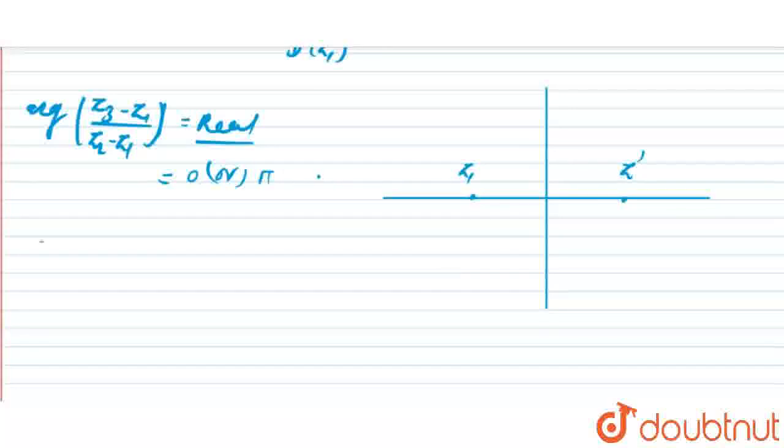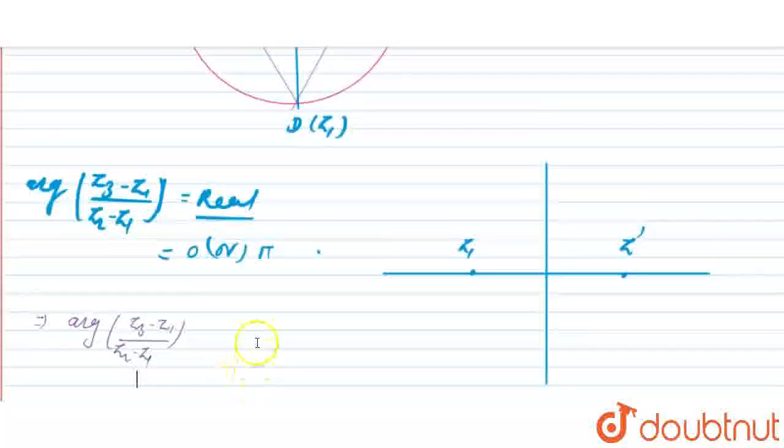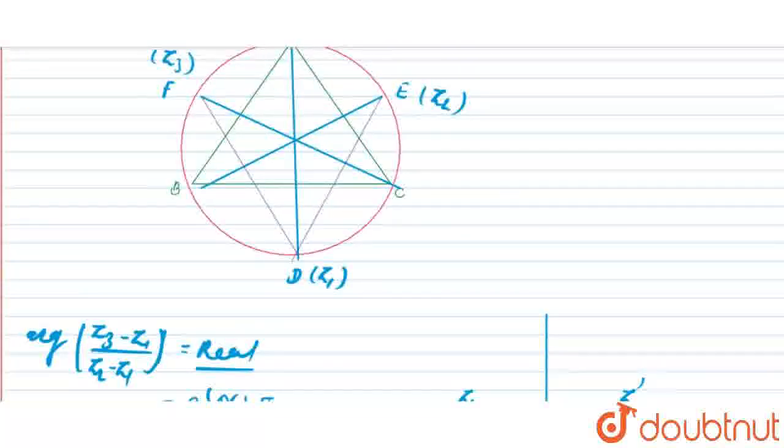So from here you can see that the argument of Z3 minus Z1 divided by Z2 minus Z1 is given to us.